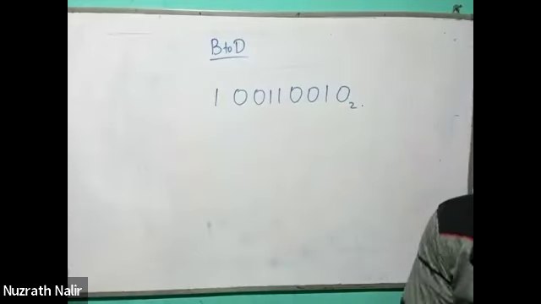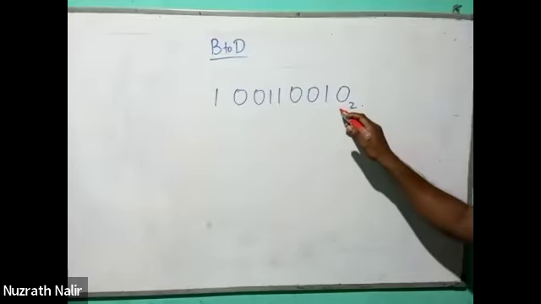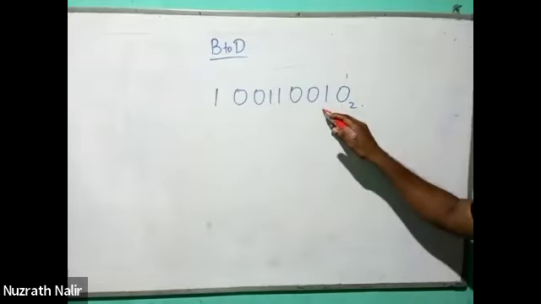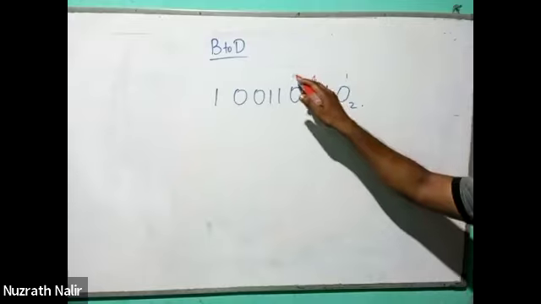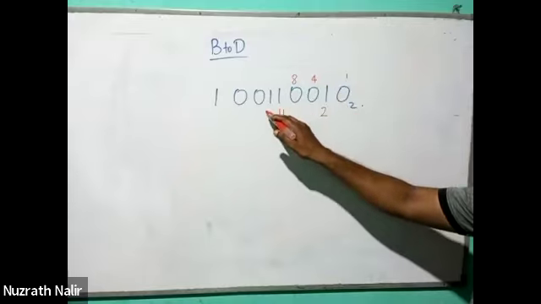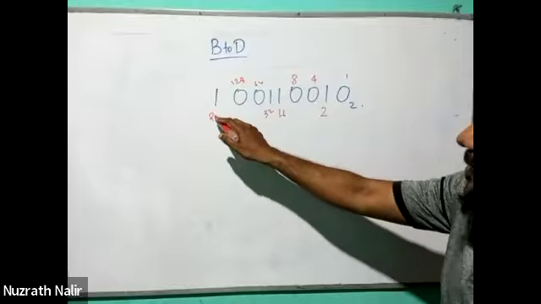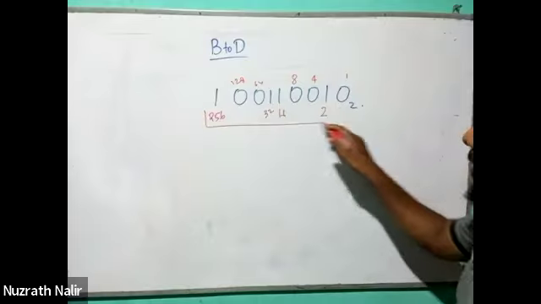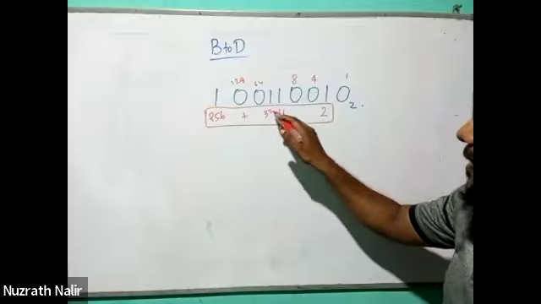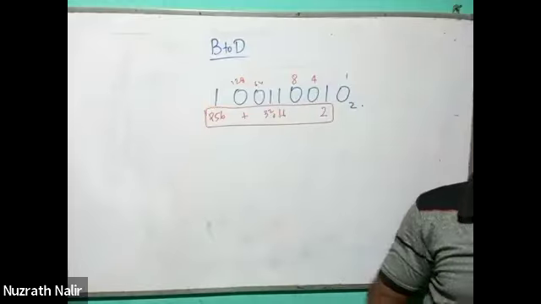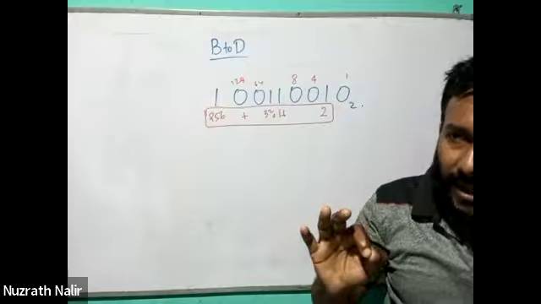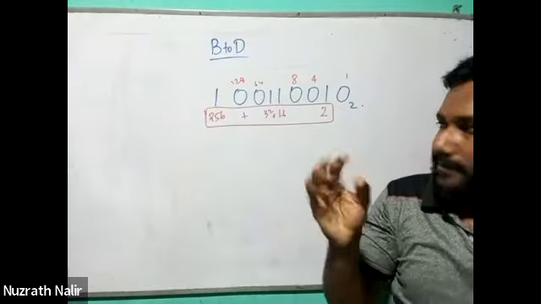Then I'll quickly use a different color. 1, 2, 4, 8, 16, 32, 64, 128, 256. Just at this value, my dear student, as I mentioned here, I'm going to introduce only one trick.